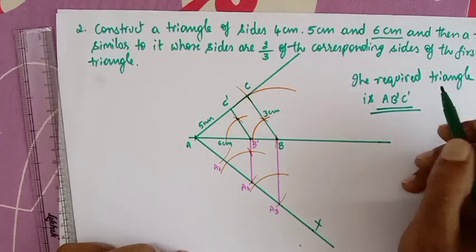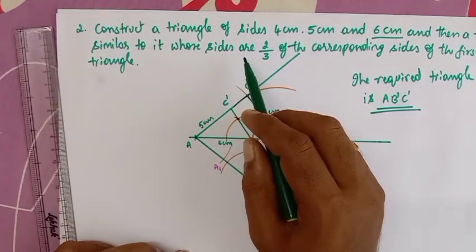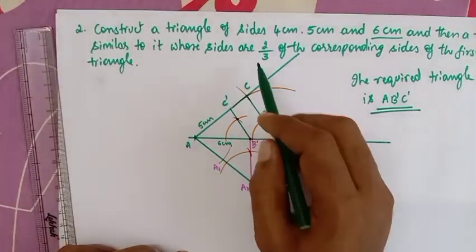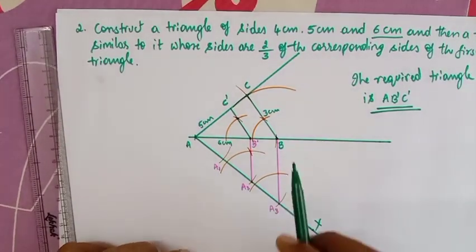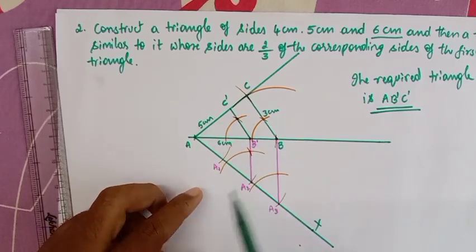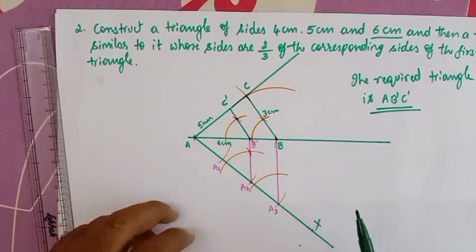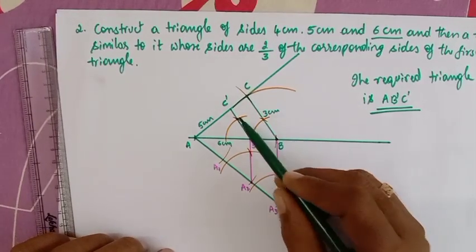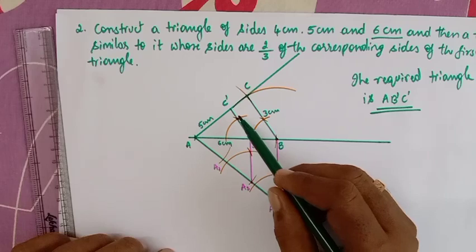which is having the sides in the ratio 2 by 3. Sorry, 2 by 3 is the ratio of the sides. Actually, as it is 3 centimeter here, this side will be about 2 centimeter.